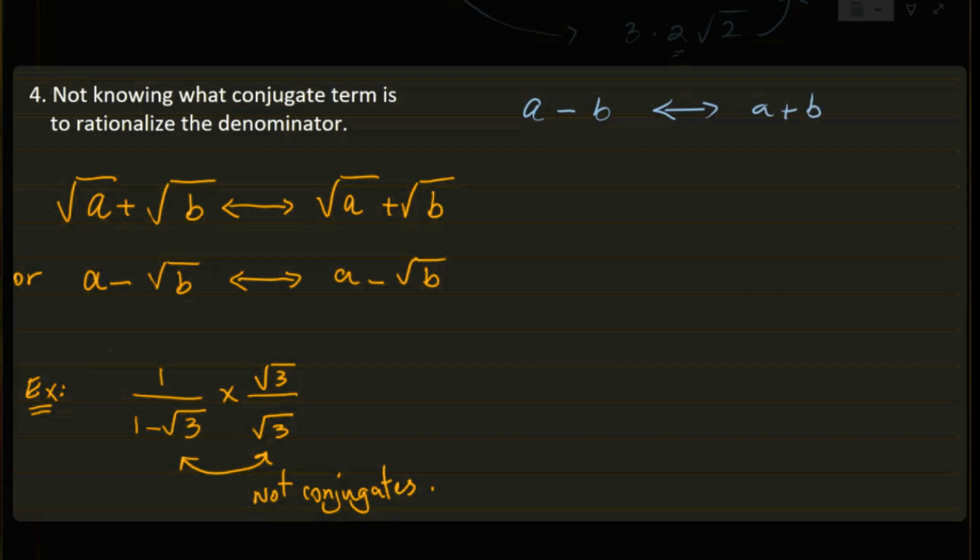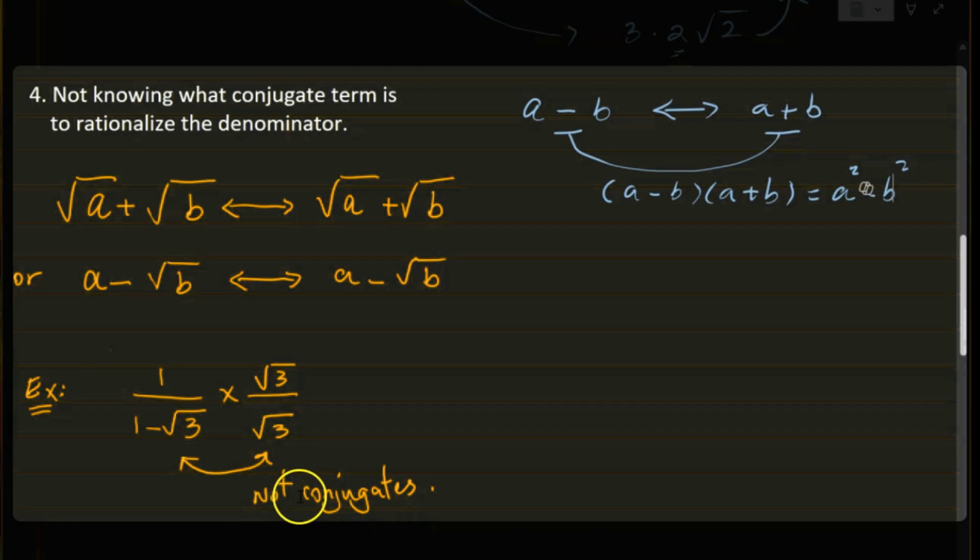And the reason we call it conjugate is because when you multiply them, they create a difference of squares. And through difference of squares, you rationalize the denominator, meaning you get rid of radicals from the denominator. That's what you use it for.